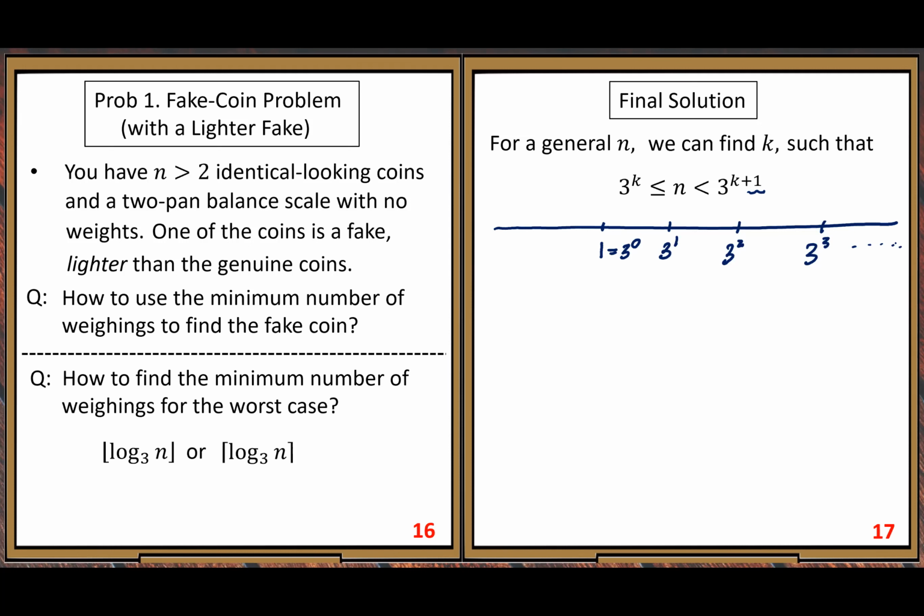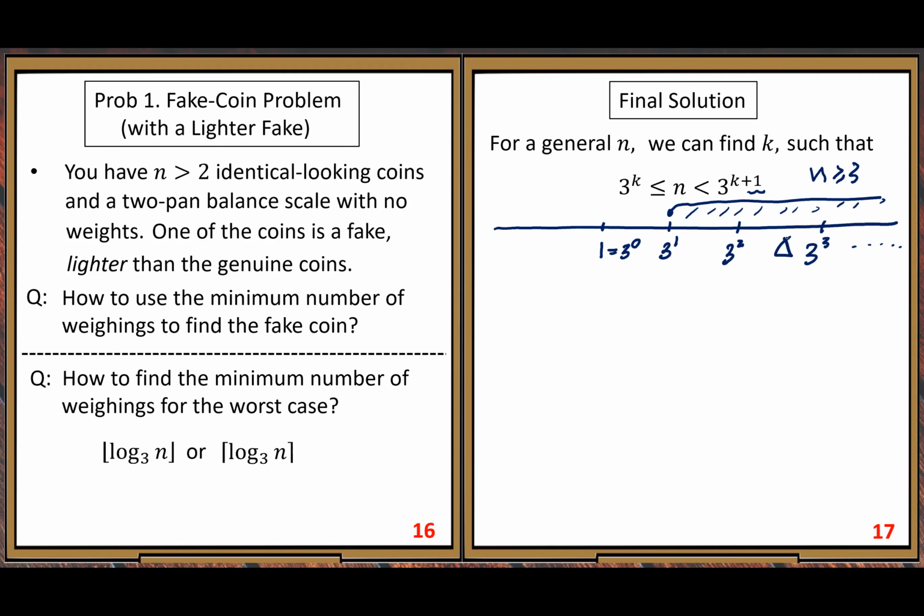Then we look at n greater than or equal to 3. So n should be on the right-hand side of the 3. Anywhere n, you just take it, it must be between two adjacent powers of 3.